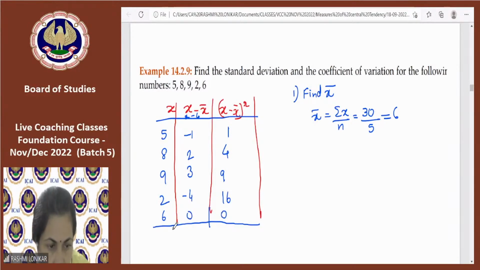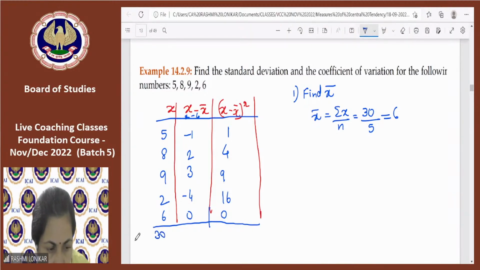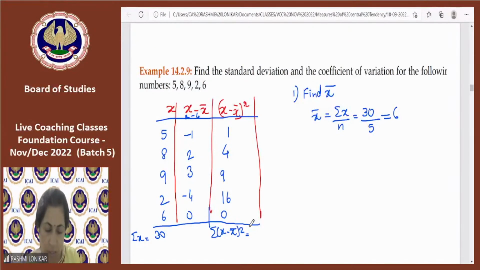Summation x is equal to 30. And here summation x minus x bar whole square is equal to how much? 1 plus 4 plus 9 plus 16 plus 0, which is 30.